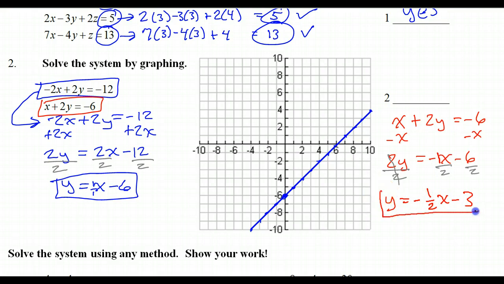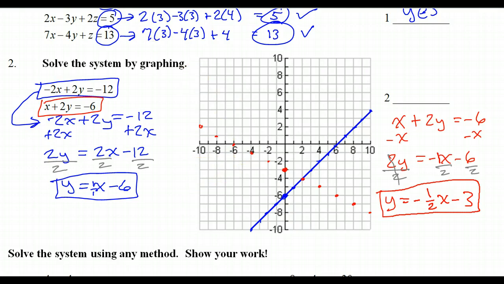So this is the next equation that I can do. So at the -3, that's going to be right here, and then down 1, right 2. Always go to the right. So that would look like this. Okay, and continuing the pattern in this direction.